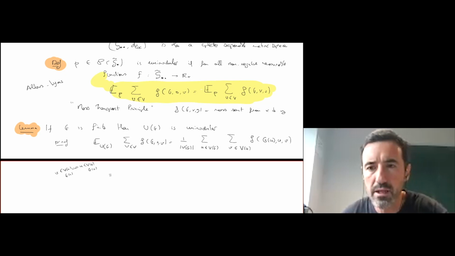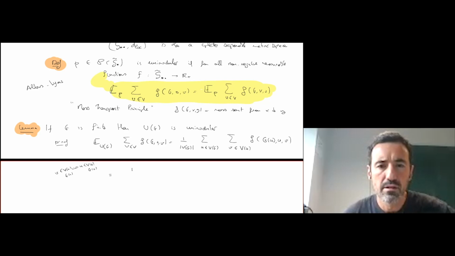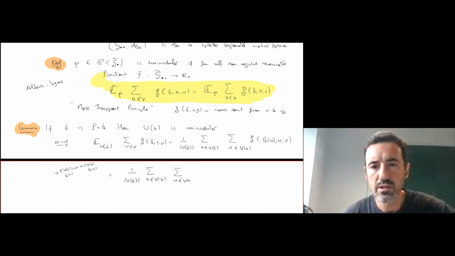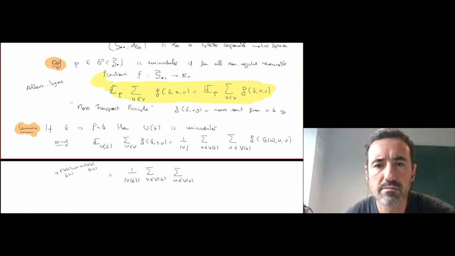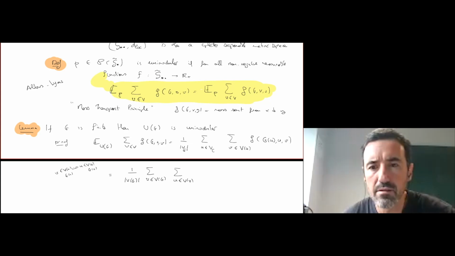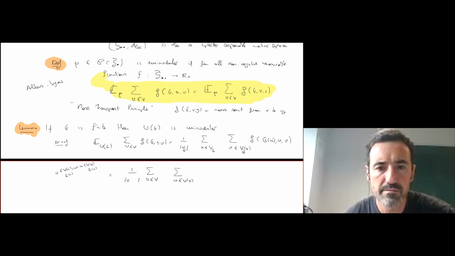So here, if I want, I can switch. I can write that as a sum over all V in V, the vertices of the graph, of the sum over the U which are in the connected component of V. Maybe this notation is more clear if I put an index here.